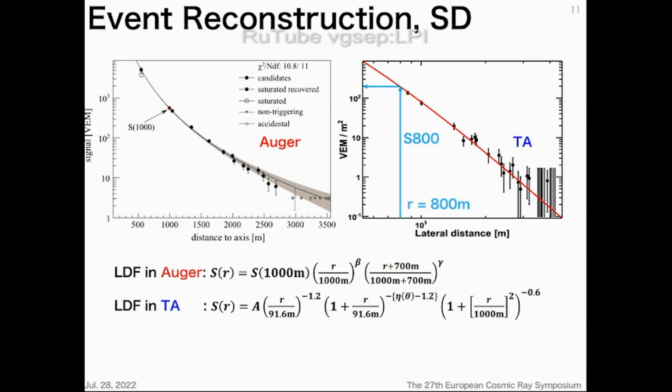Because in the OJ case the detector spacing is 1.5 kilometers, but the TA case is 1.2 kilometers. So then the energy is estimated at a different distance from the shower axis.